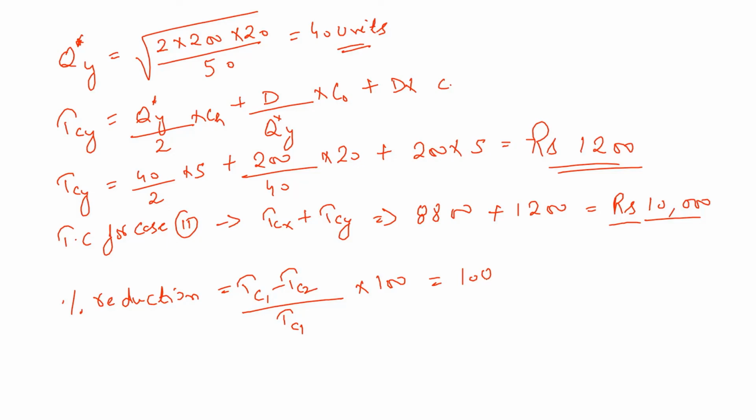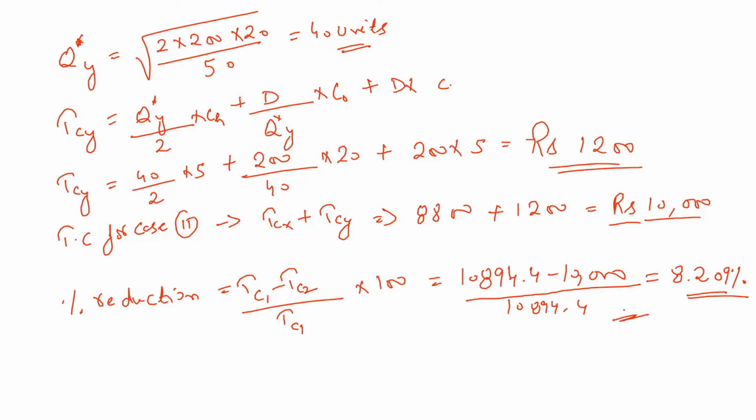The total cost for case 1 was 10894.4, minus 10,000, divided by 10894.4, so it would come to 8.20 percent, right? So this is the answer.